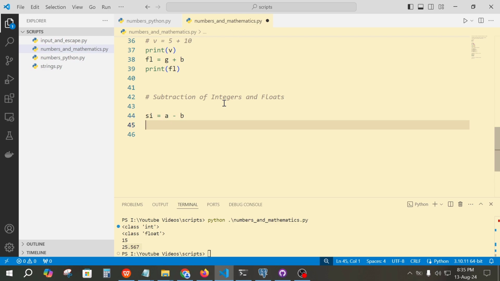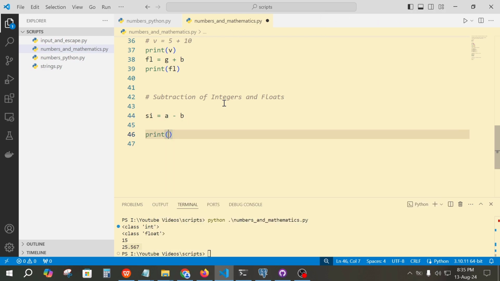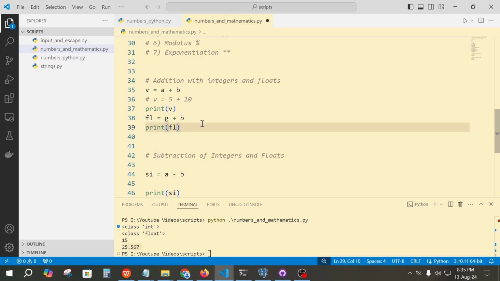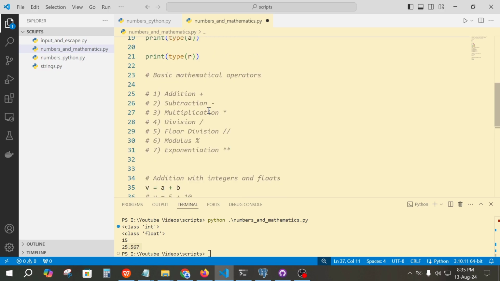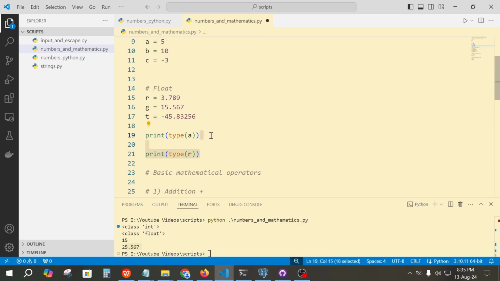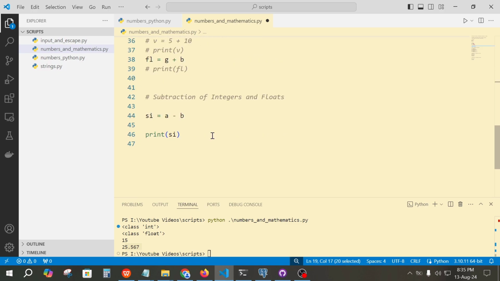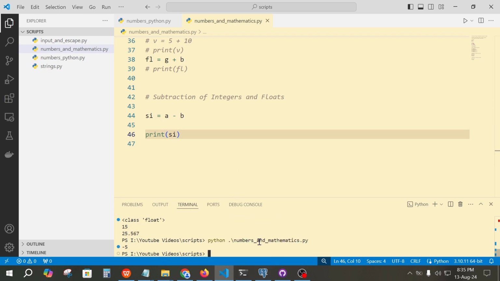If I print si, by the way, I am commenting out the other prints, so our console will be refreshed. It will be printing only the subtraction answer now. So a minus b. Let me print it. Okay, it is minus 5. So 5 minus 10 equals minus 5.